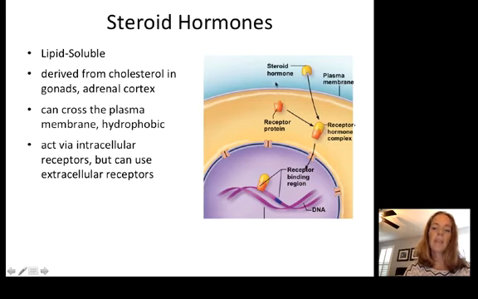It doesn't mean you can't have extracellular receptors for a steroid hormone, but it just means they don't need it. So the intracellular receptors are much more direct. They're going to be at or near the DNA. And once the intracellular receptor binds to its hormone, it can then affect protein synthesis and DNA activity directly.